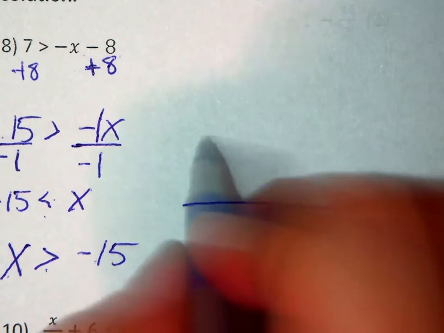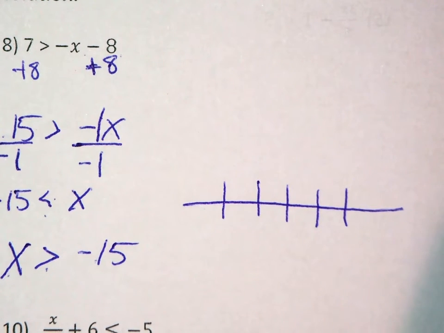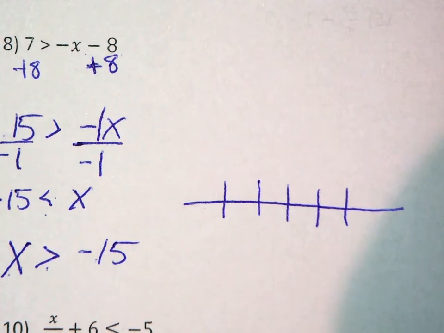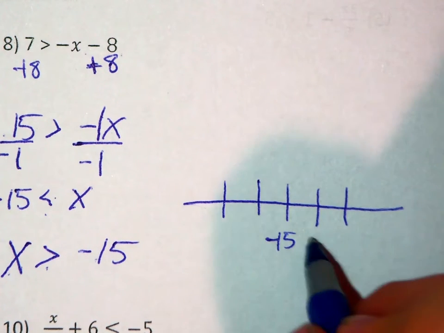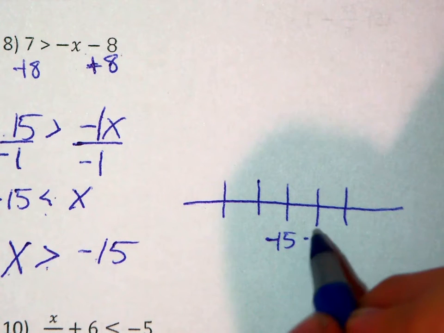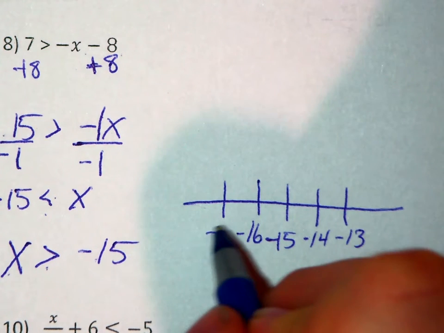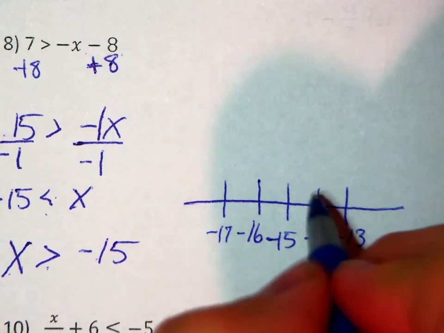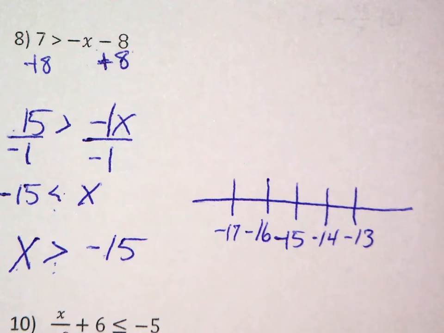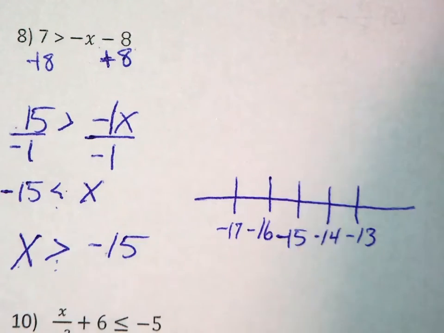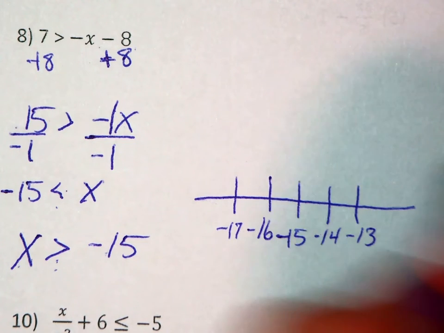Now to graph. Personally, I like to have about 5 points on my graph just so it gives me a reference. I'll put the one I'm dealing with in the middle. And then since this is greater than, it's not greater than or equal to, it's just greater than, negative 15 is not an included value.